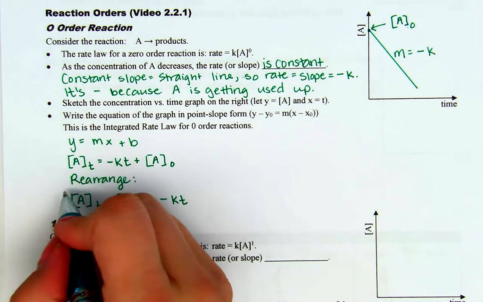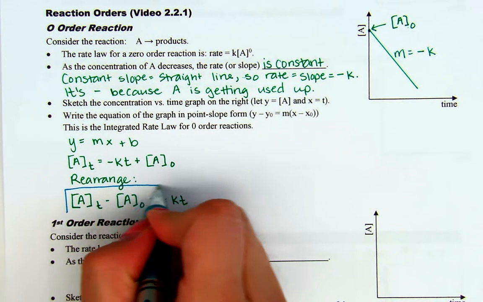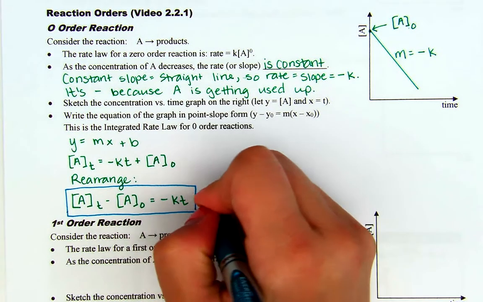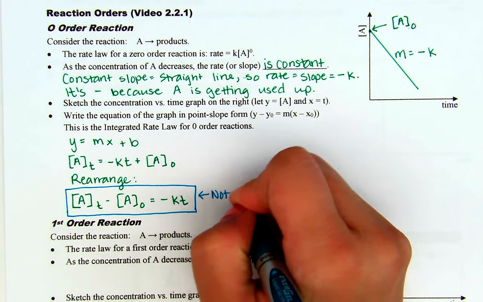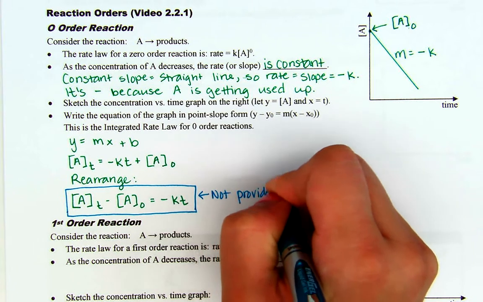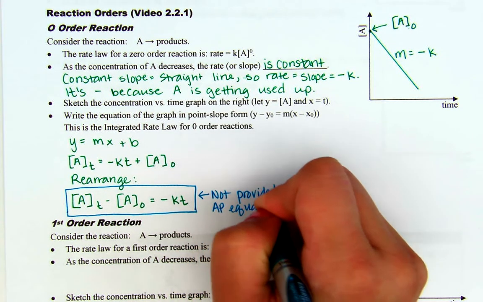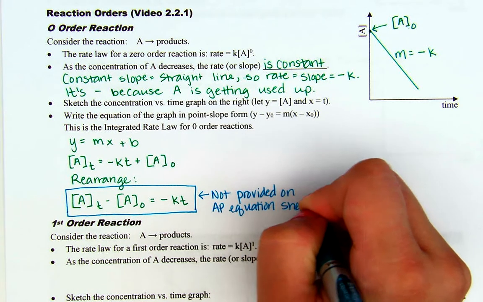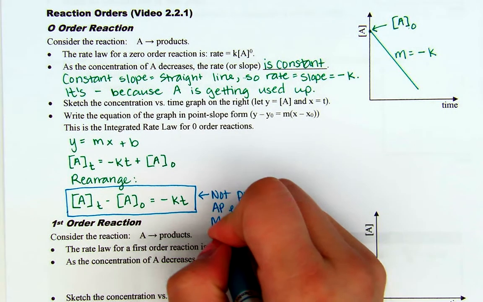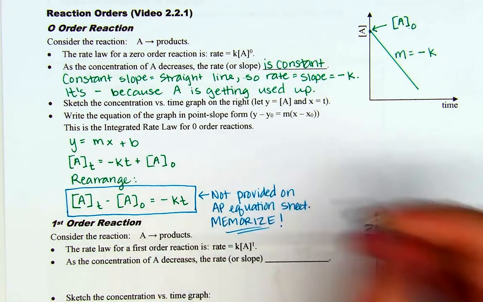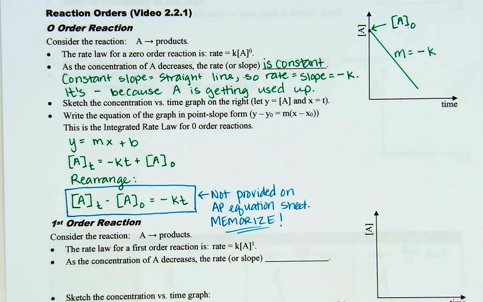Now, it's important to note that this is a very useful equation, and it's not provided on the AP equation sheet. Therefore, I strongly recommend that you memorize this equation. All the other equations you're going to get today are provided to you on the AP equations sheet, so it shouldn't be too bad to memorize this one.